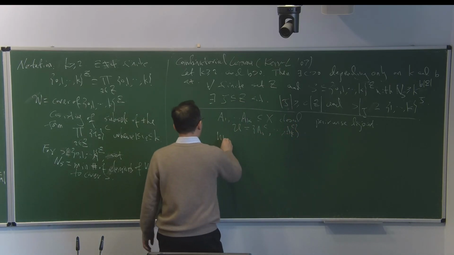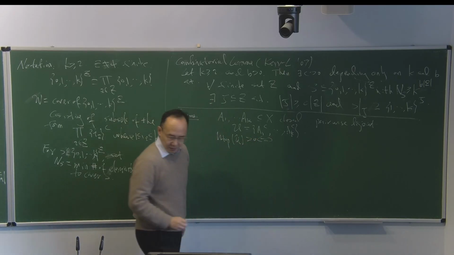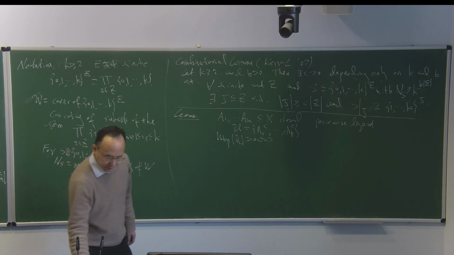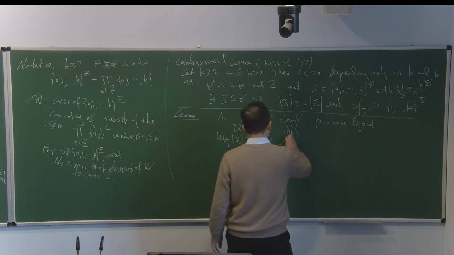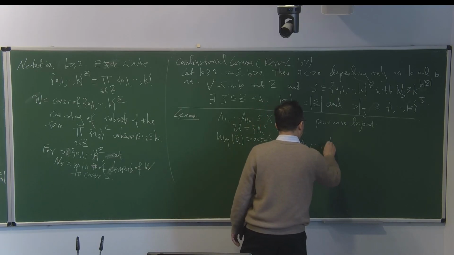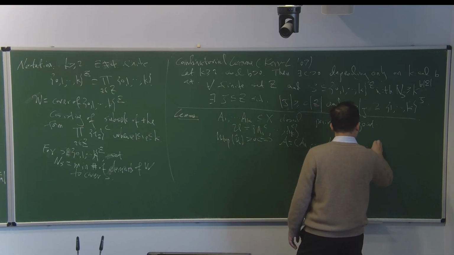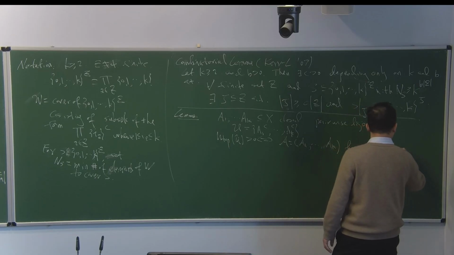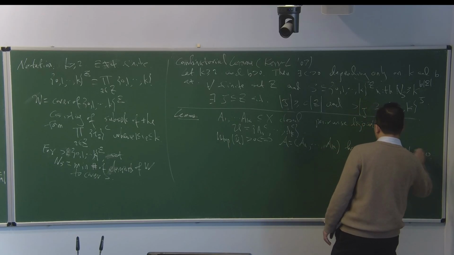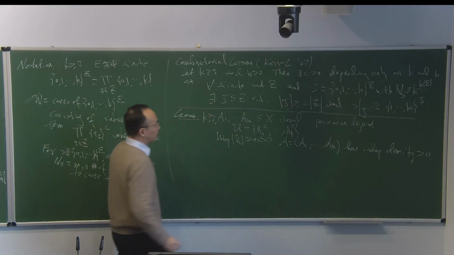Then the entropy is positive if and only if this tuple K has positive independence density.